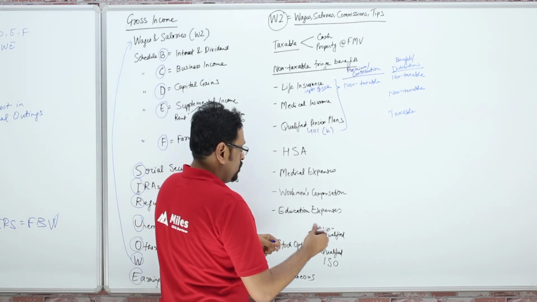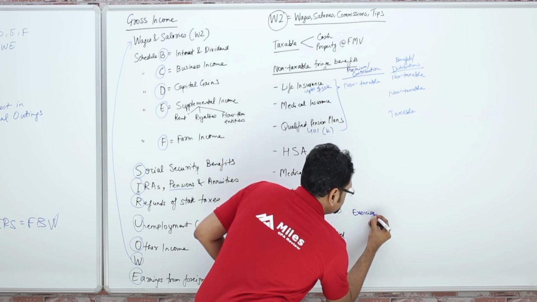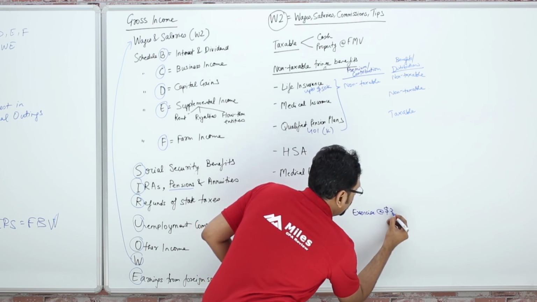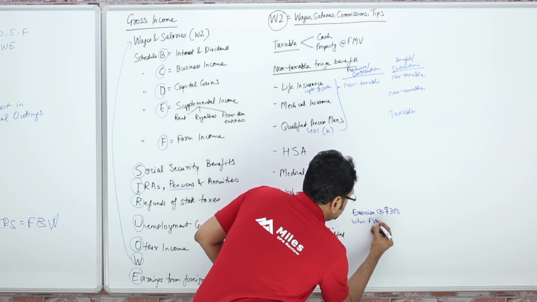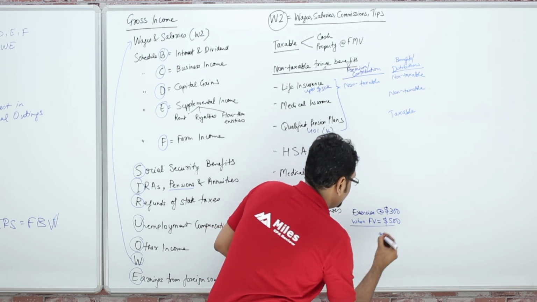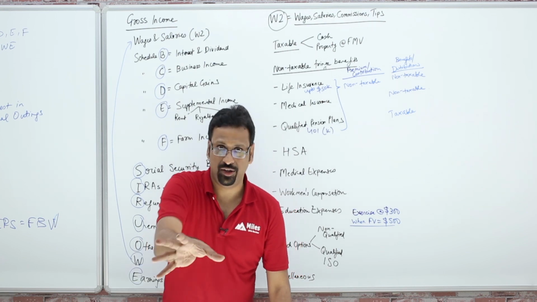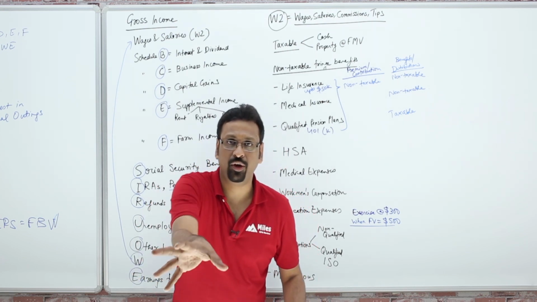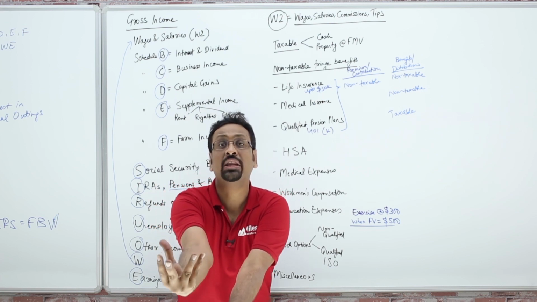Note, you exercise at $300 when the fair value of the stock is $500. That's so cool. You've paid $300 for your employer's stock, and you've gotten stock which is worth $500.